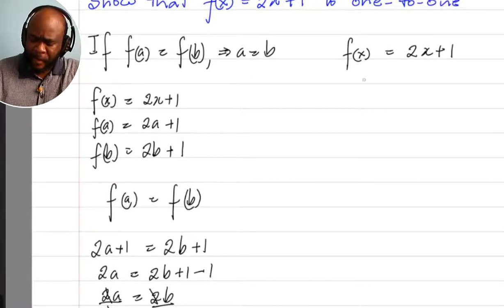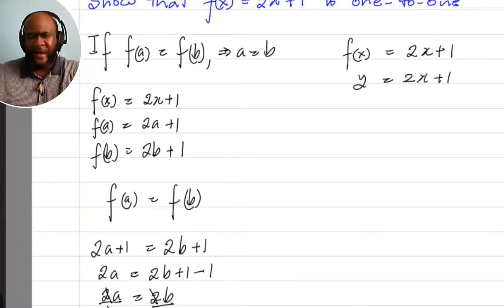We could say y is equal to 2x plus 1. This is a linear equation, and the graph of a linear equation is a straight line. The y-intercept is 1, and the gradient is positive 2.